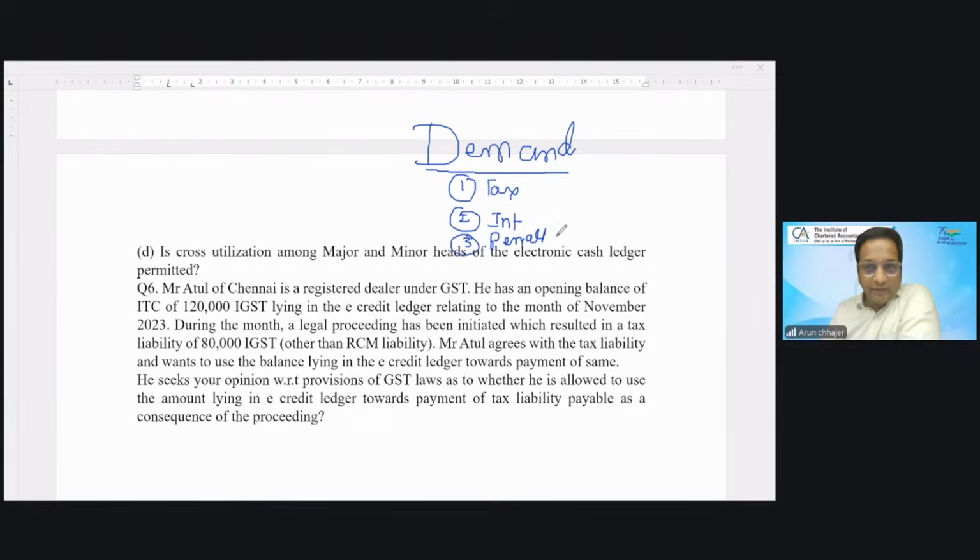Got my point? So the demand could be of tax, of interest, or of penalty. So it means this word tax liability includes the demand. So demand किस चीज का किया है गवर्नमेंट ने, ऑफिसर ने, डिपेंड ऑन दैट. क्लियर?